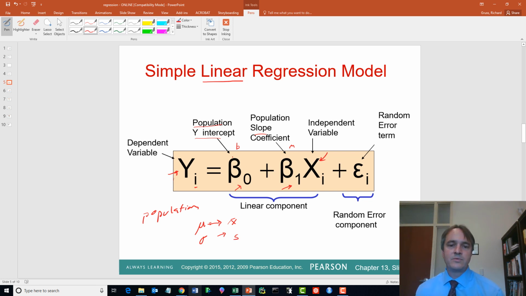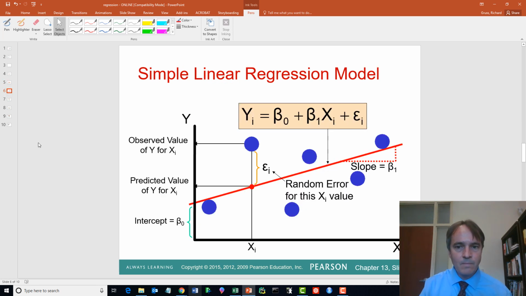Likewise, we have to take these population parameters and say, okay, we're really just estimating these on the basis of a sample. So we're going to rewrite this again as what you see on the next slide. Actually, let me go to the next one.